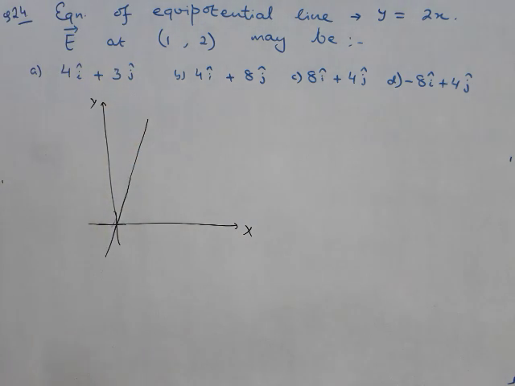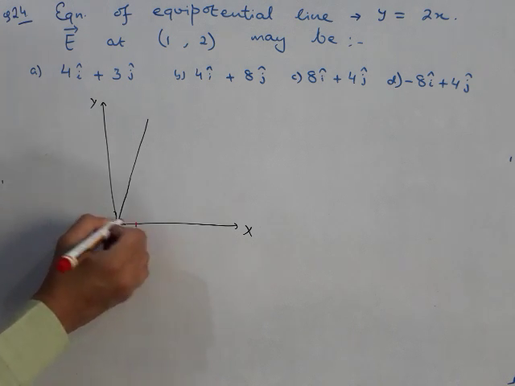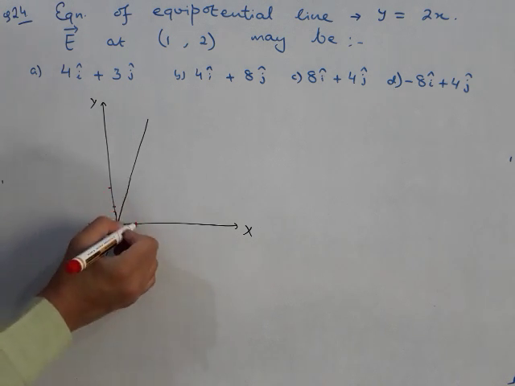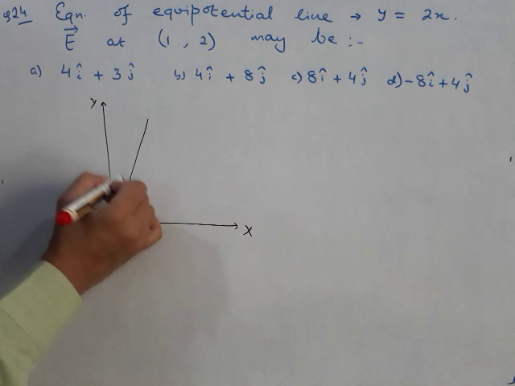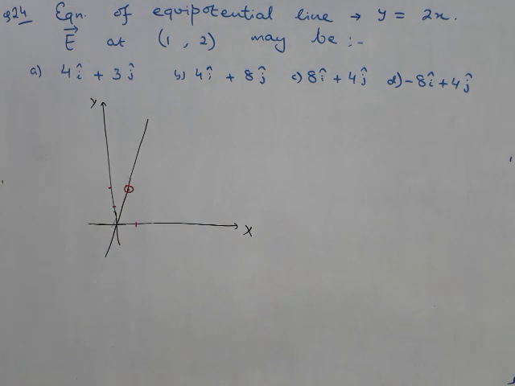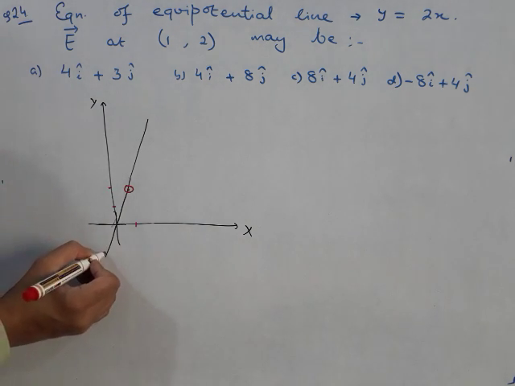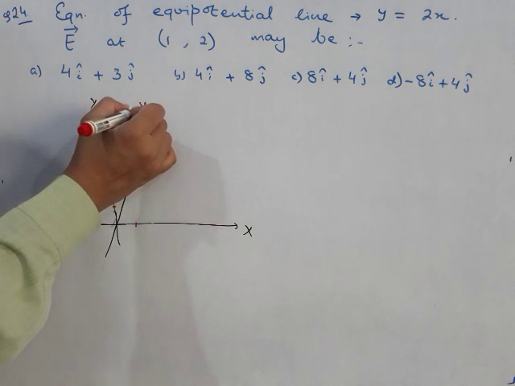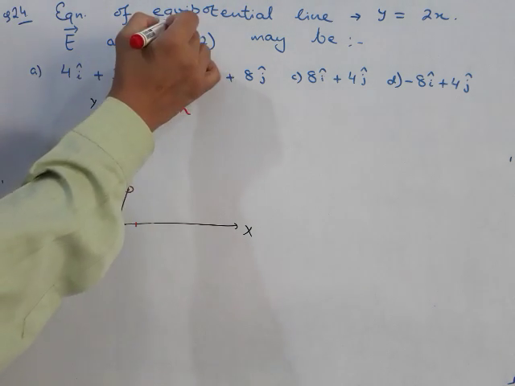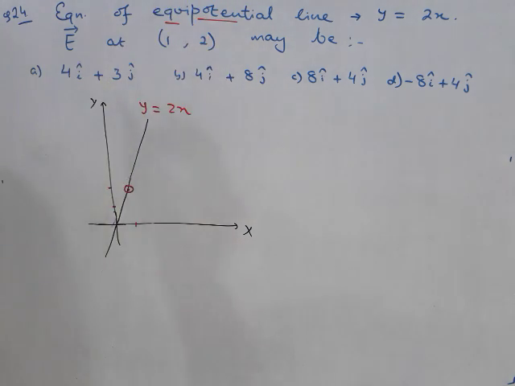Now choose a point 1, 2. So point 1, 2 will be over here. So this is 1 and this is 2. So this is the point 1, 2. All these points on this particular line, which is y is equal to 2x, are having equal values of the potential.